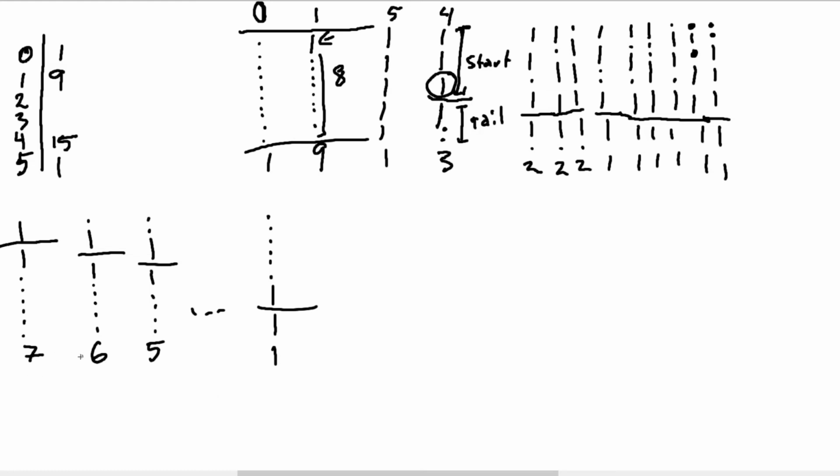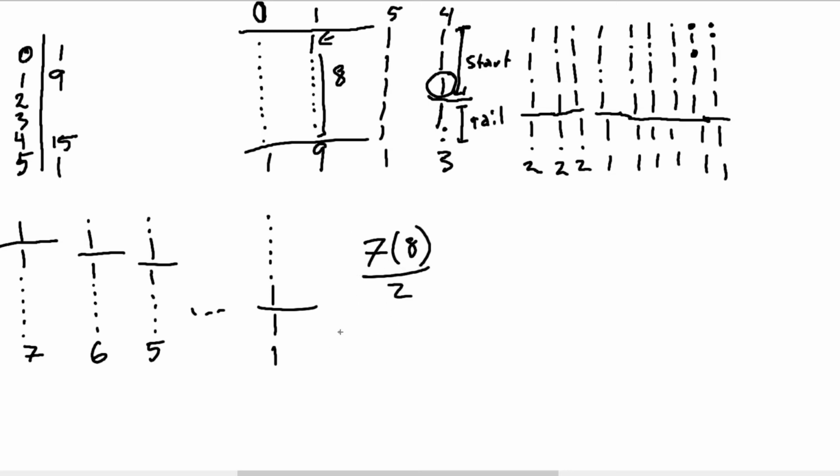Okay, so 7 plus 6 plus 5 all the way down to 1. There's a formula for this. When you're adding all of the natural numbers, starting at some natural number going down to 1, the number you start with times 1 more than the number you start with, over 2, is going to be the sum.